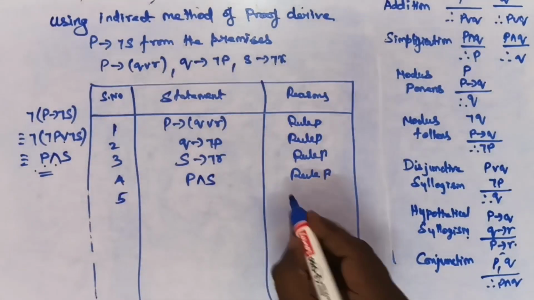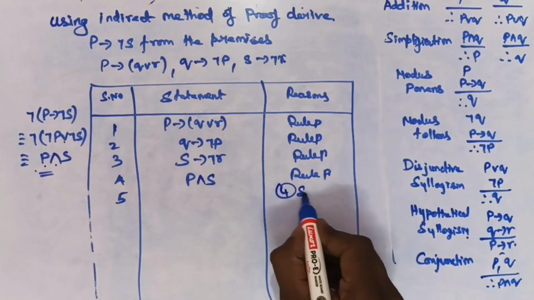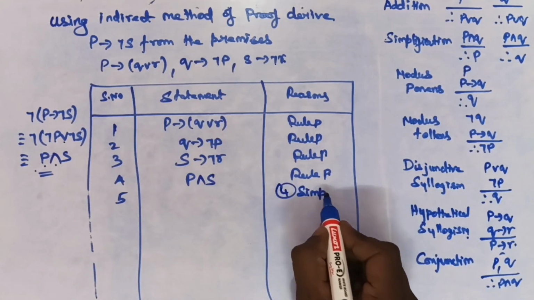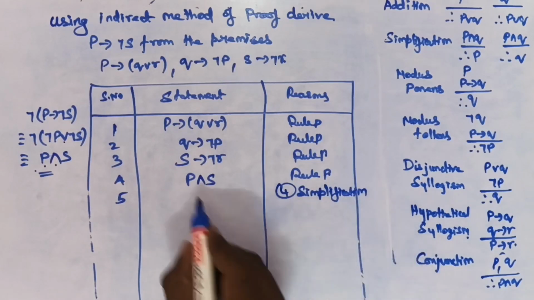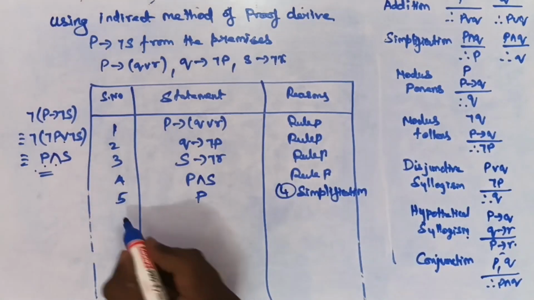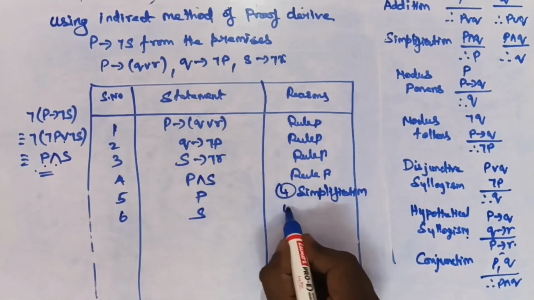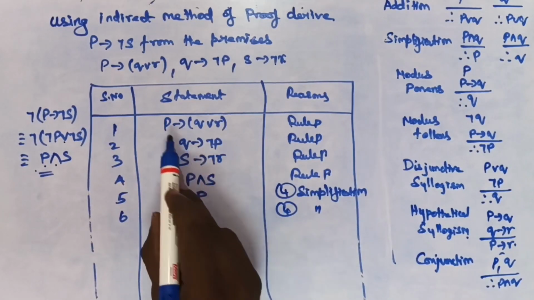Fifth one, simplification for 4, rule T. So that is going to be P. Sixth one, simplification for 4, S.